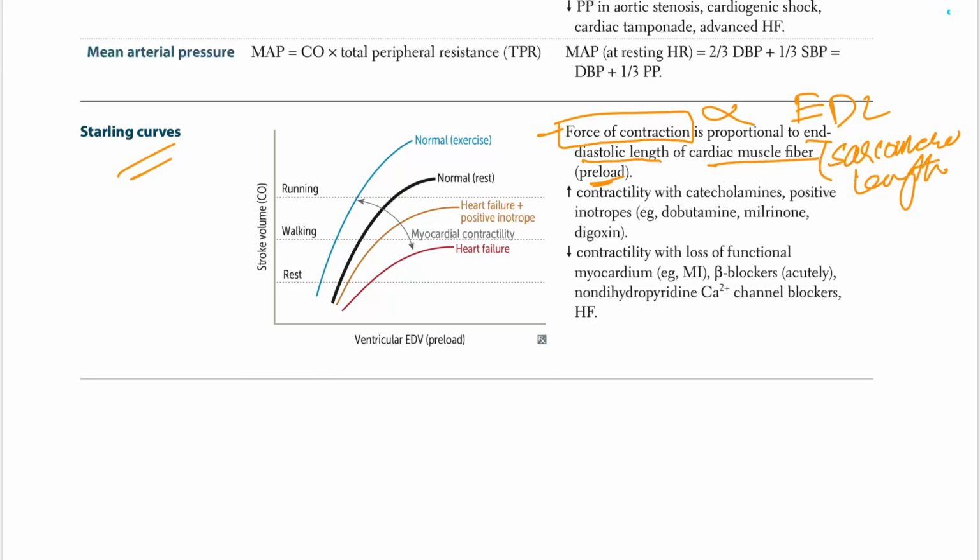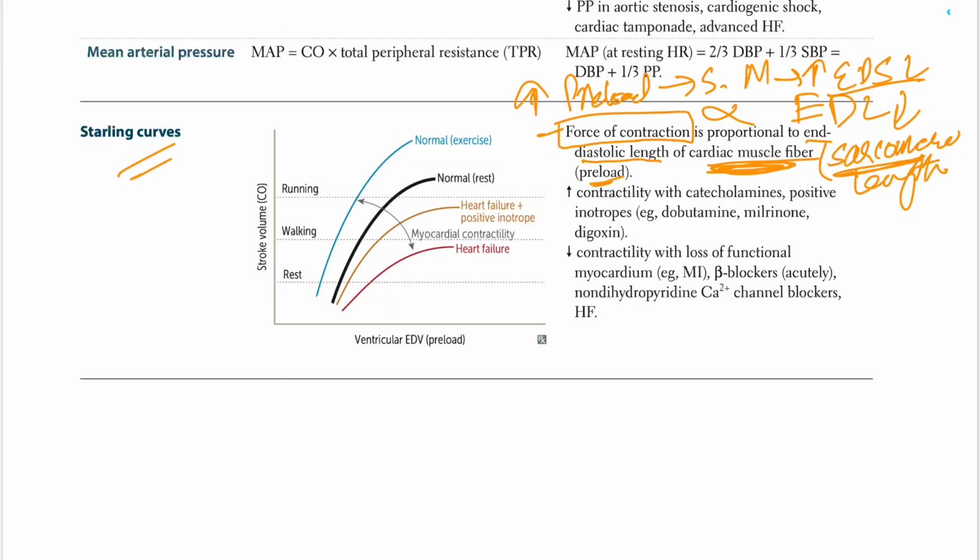So another point to be mentioned here is when you increase the preload, that increased preload stretches the myocardium, and again increases the end diastolic sarcomere length. In other words, it increases the end diastolic muscle fiber length. But the important thing is sarcomere length, okay?